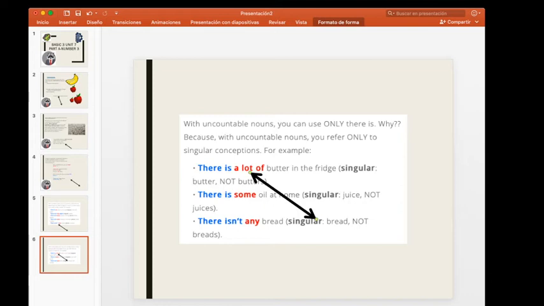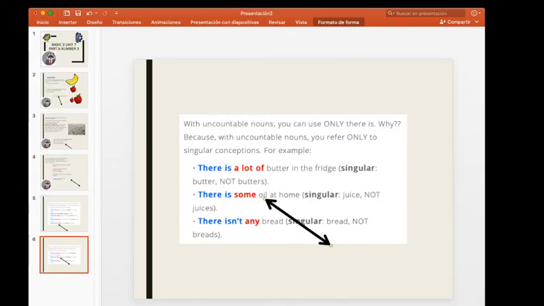Okay? Singular, butter. There is some oil at home. Okay? This is singular. Use is, not are. Okay? We only use the noun as singular. There is some oil at home. And there isn't any bread, is singular.